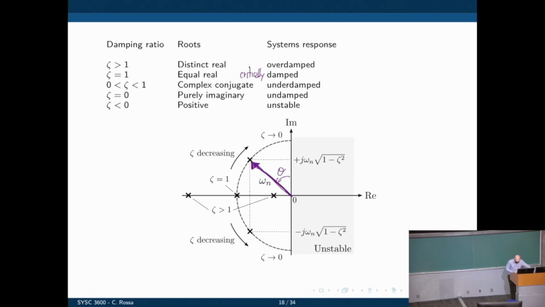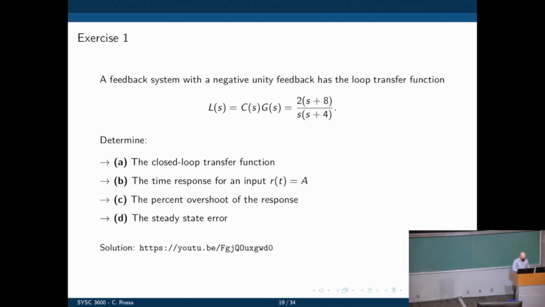Okay, so let's do some exercises then. Let's start with exercise 1. Now for exercise 1, I'm going to do this a bit differently. I'm going to do this the long way, using the same derivation we saw before, and then let you use the formulas later to verify the results.